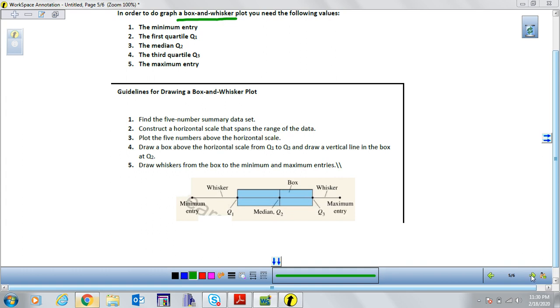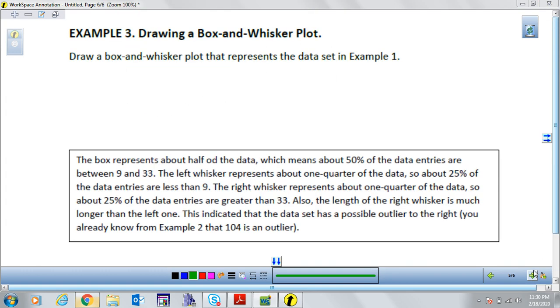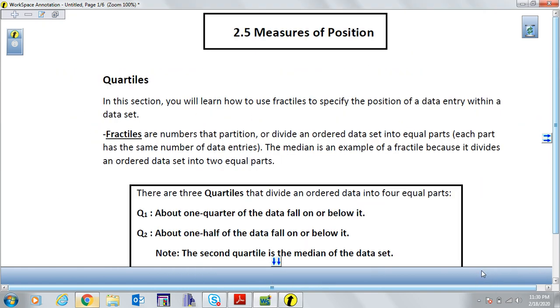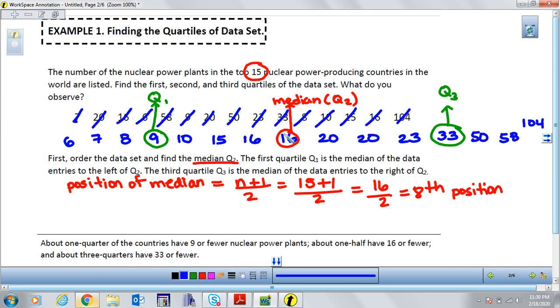So let's see the example that is on the next slide. If you want to draw a box and whisker plot that represents the data in example 1, so we would be talking about this one right here. I'm going to need to know the Q2, which I already know, the Q1, the Q3.